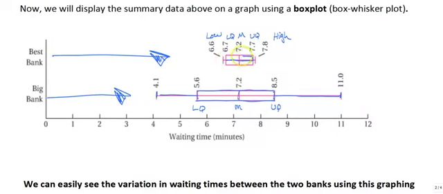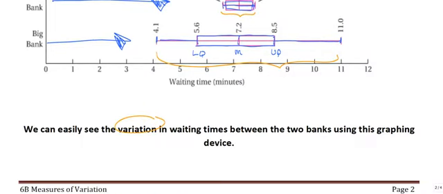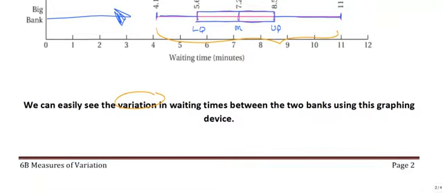This is just a great graphic to give someone an overall idea of the variation in the data. Clearly, you can see that this box and whisker has much more variation than this one. So it's just a way to visualize the variation, in this case, of the waiting times between the two banks. So it's a great graphing device.